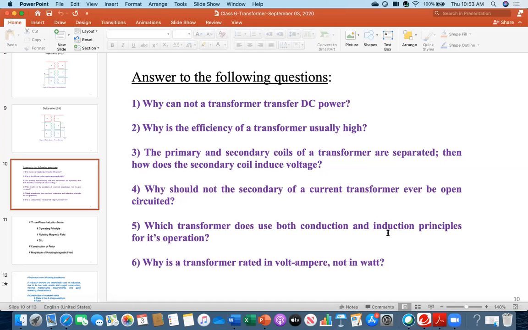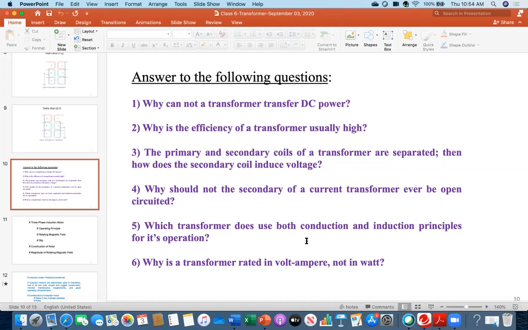And then definitely Faraday's law of electromagnetic induction is working, because you are applying the AC voltage and your flux is changing, time varying. So definitely that is induction, but then there is a direct connection between the primary and secondary coil. So that is conduction as well. So the answer is the auto transformer uses both conduction and induction principles for its operation.